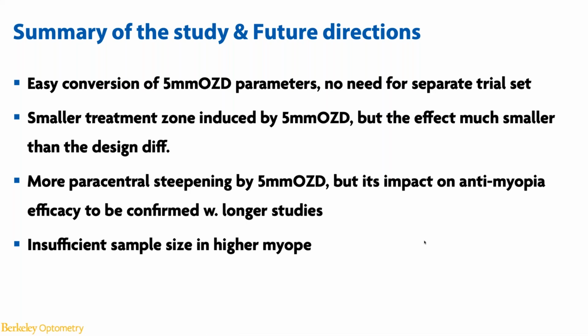So this basically is a quick summary of what we have learned from this study and how this is really providing some insights into future directions in the research projects. For all of the patients or subjects we have fitted in the study, I did not use any of the diagnostic lenses of the 5mm OZ, and instead we just did a very quick and easy conversion, which is something Kelly will be sharing after this part.